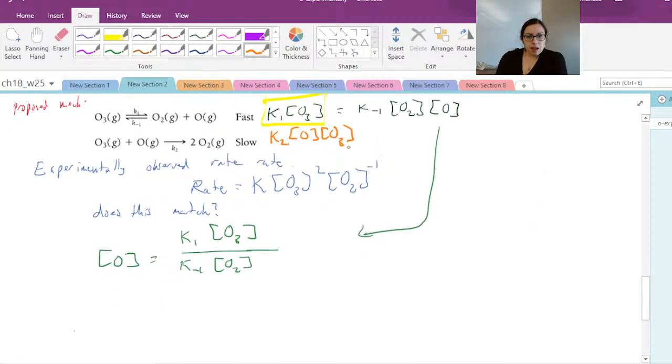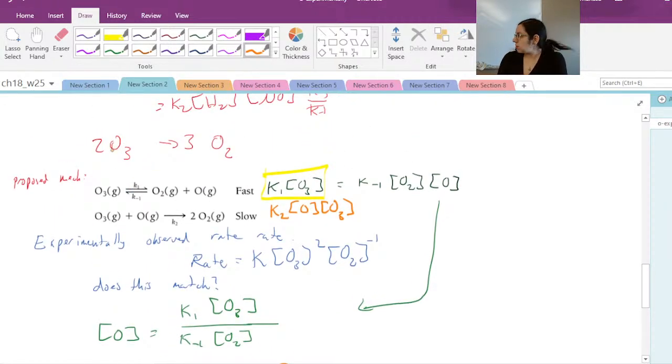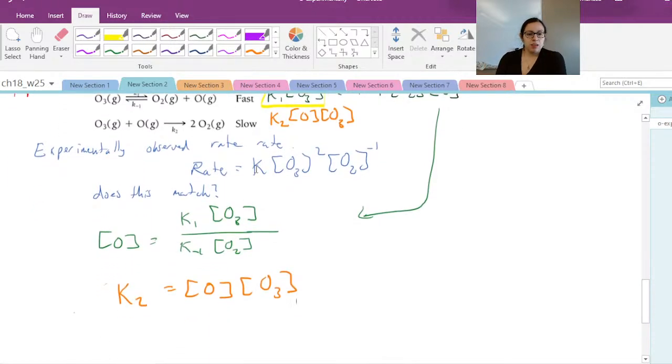And so then do the substitution. So again, I'll just rewrite it down here. So K2 is equal to our lone oxygen radical times ozone. So ozone is part of our initial reactions. We said 2 equivalents of ozone gives us oxygen. So we just need a substitute for here.